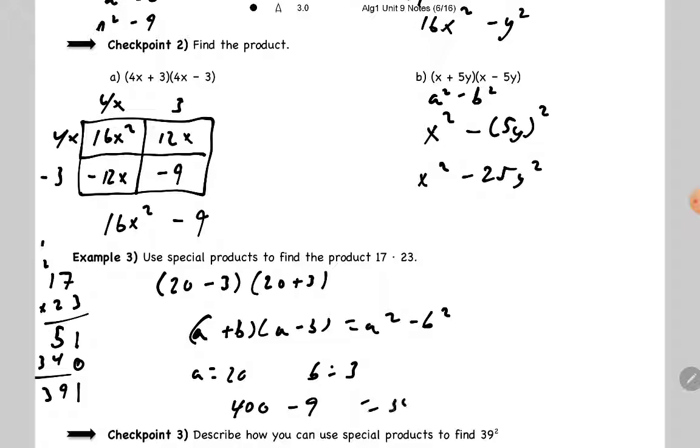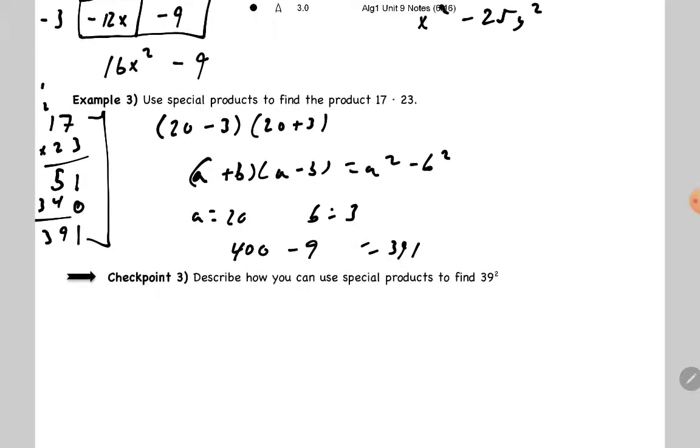And that'll give you 391. So in your head, it might be easier to do 20 squared minus 9 than it is to work out all of this. So it's a little trick when solving certain multiplication problems.